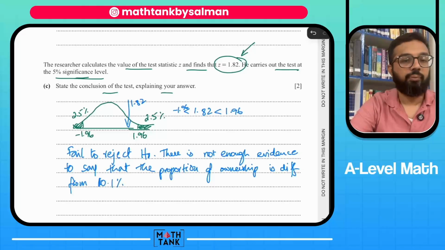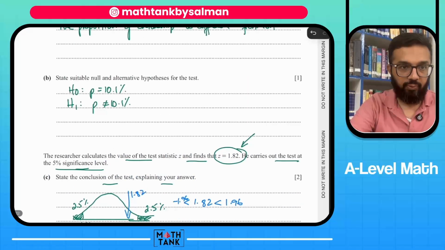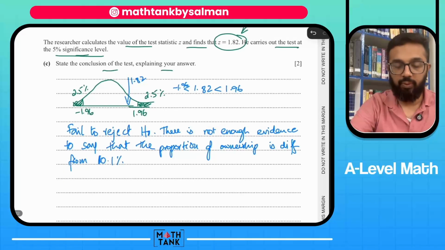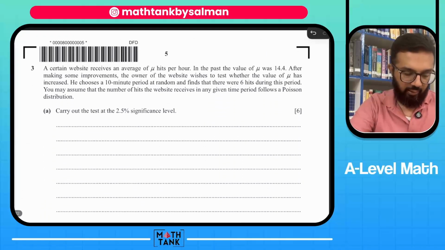I think that should be the correct answer for 2C. Fail to reject is not insufficient, and the proportion is different from 10.1%. That is fine. Question number 3.